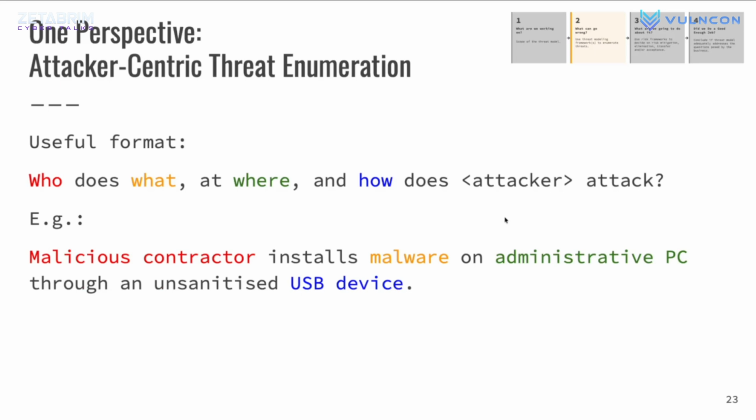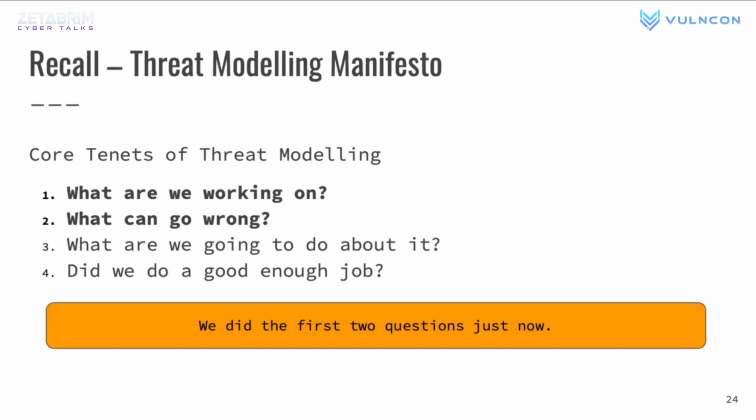Okay, so next. If you recall the threat modeling manifesto, we have 4 questions. We were talking about the first 2 questions in brief just now, and then we also need to look at the next 2 questions. This is important because we need to understand how we're going to deal with the threats that have been identified.